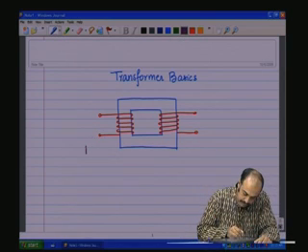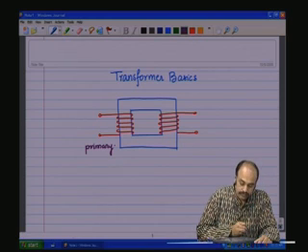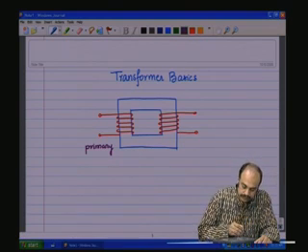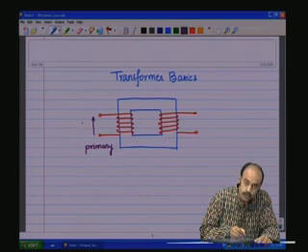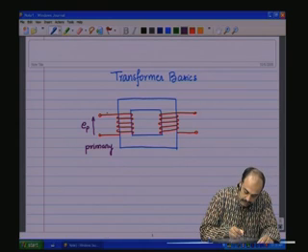So we have the primary port or the primary side port, which has its two variables, the potential variable, the voltage E primary, and the current I primary.